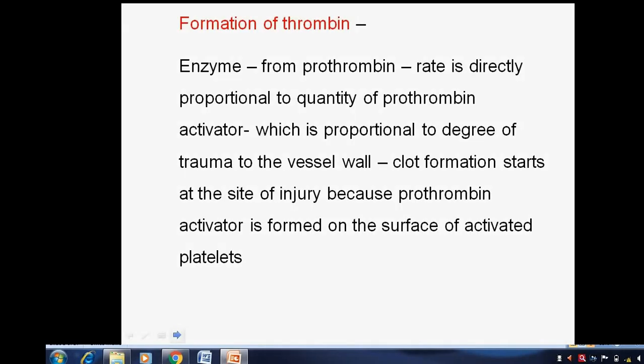Afterwards we go to the next step, the formation of thrombin. The rate of formation of thrombin from prothrombin is directly proportional to the quantity of prothrombin activator, which is proportional to the degree of trauma to the vessel wall. Clot formation starts at the site of injury because prothrombin activator is formed on the surface of activated platelets.